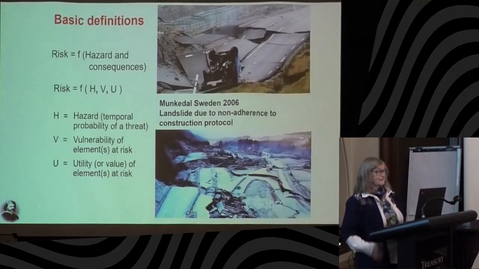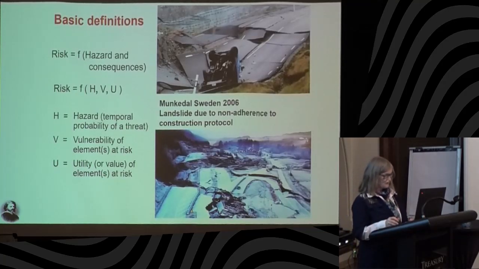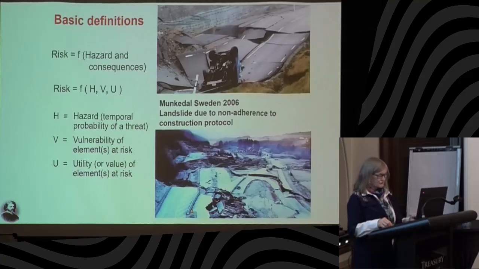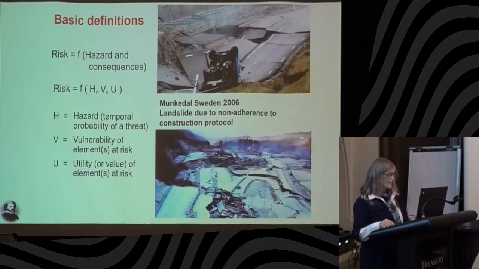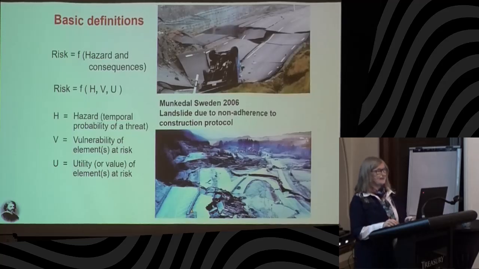So just basic definitions so that we agree. When I mention risk, we all understand the same thing, because risk has very many meanings depending on which field of expertise you are working in. So from our engineering point of view, it's a function of the hazard and the consequences.